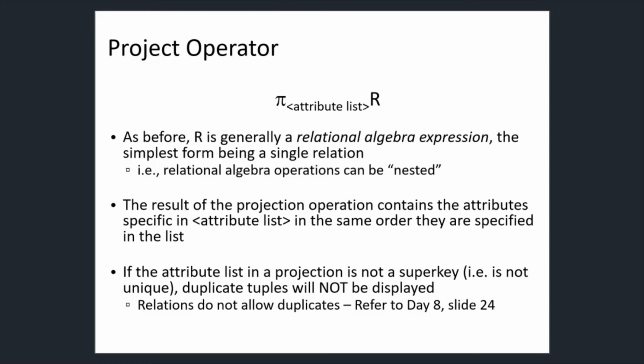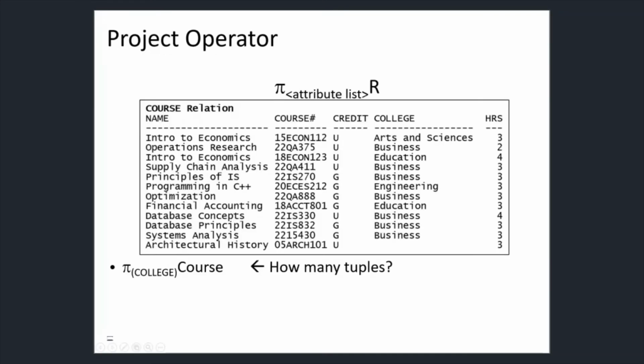The result of a projection operation contains the attributes that are specified in the attribute list in the same order they are specified in the list. If the attribute list in a projection is not a superkey, that is, it's not unique, then duplicate rows will not be displayed.